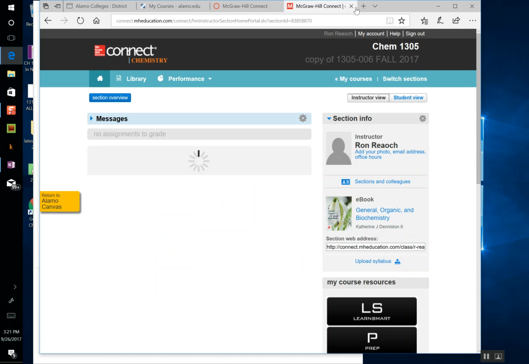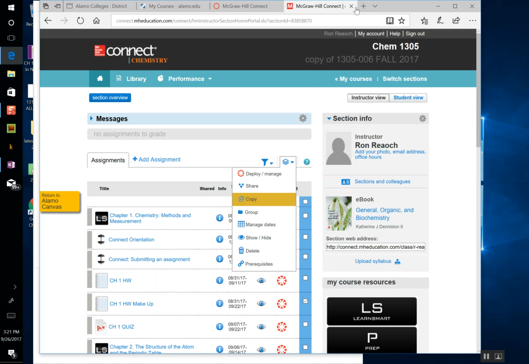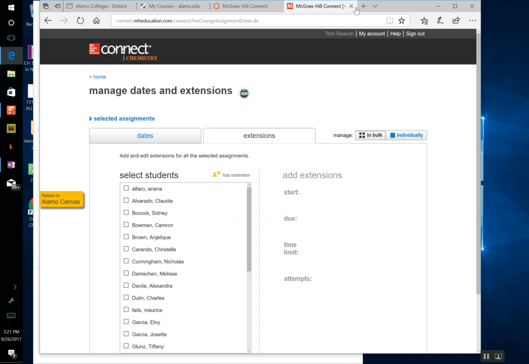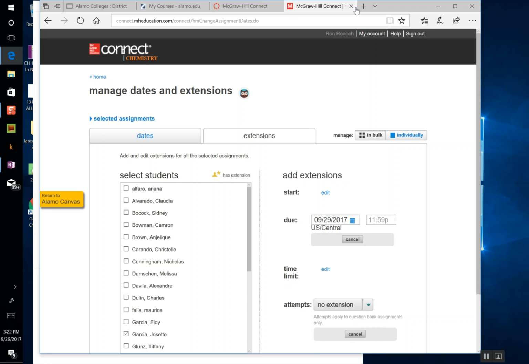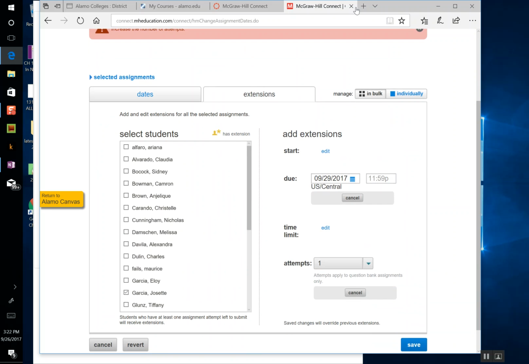I touched something I didn't want to touch. Let's go to there and let's see if we can manage the date. Let's see if it will let me do an extension for you. Twenty-ninth. Let's see if it'll let me do this. Increase the number of attempts. Why does it want me to? Okay, I'll increase the number of attempts.